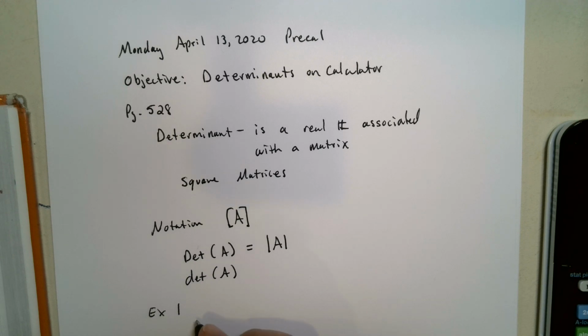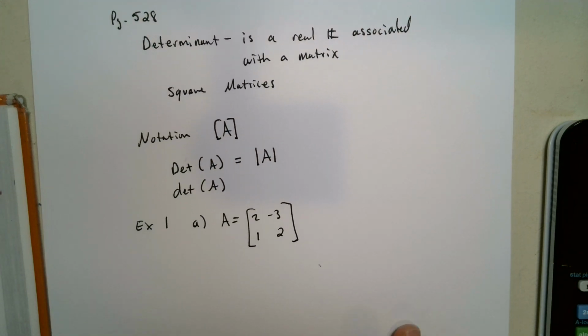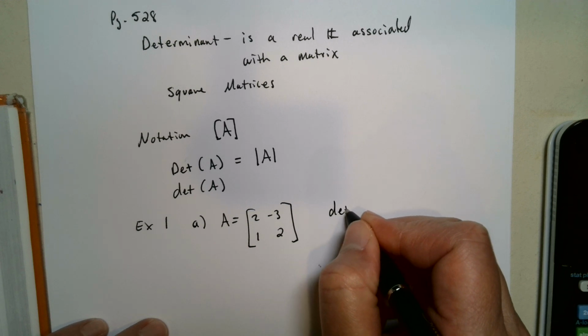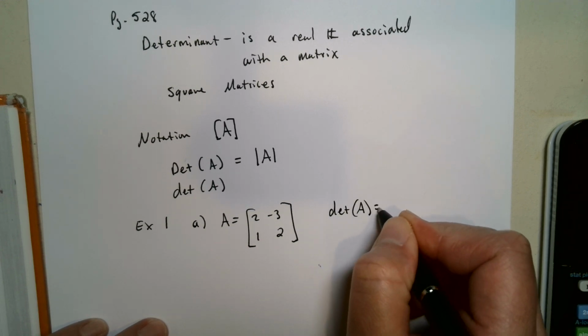Now, we are going to use our calculator to work these problems. And so on part A of example 1, it says matrix A is 2, negative 3, 1, and 2. And we want to find the determinant of this matrix using our calculator.